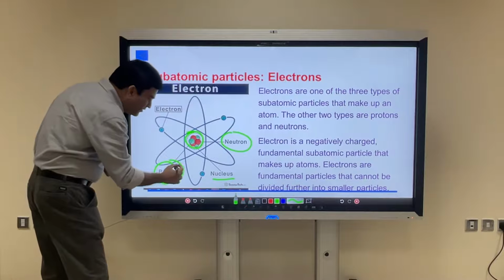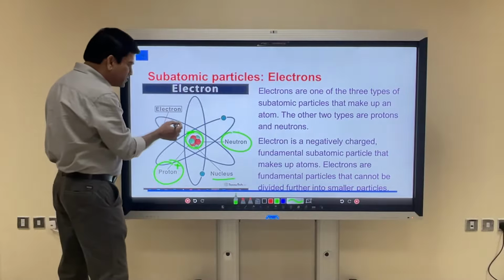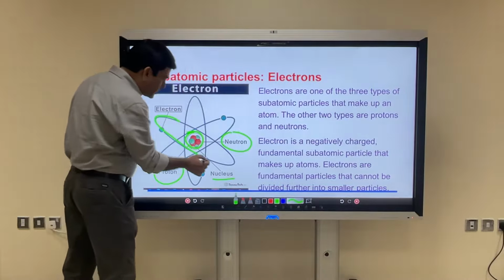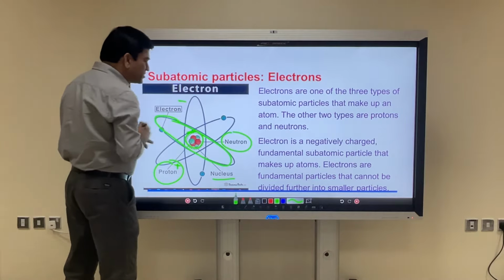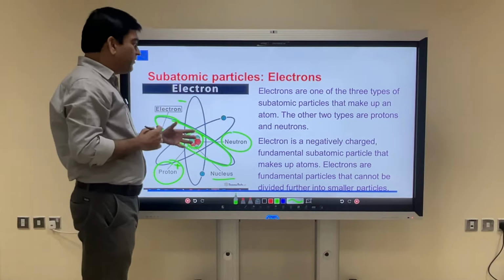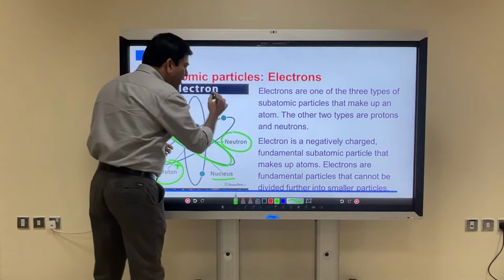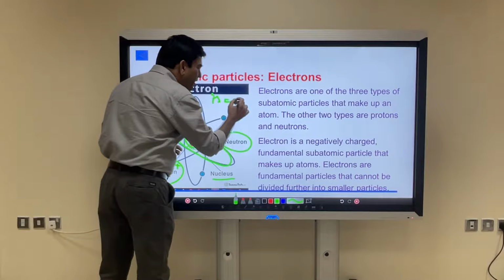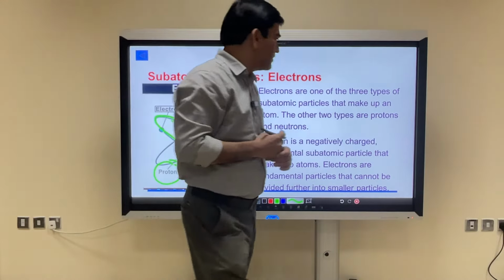And the proton has a positive charge. And then you have a cloud of electrons, and they are in their shells. Electrons have a negative charge. So an atom is electrically neutral because it has the same number of protons and the same number of electrons.